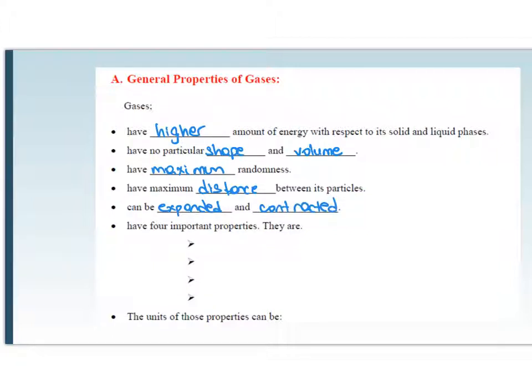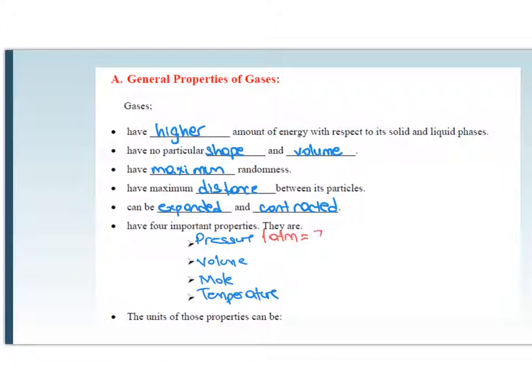And now come the most important properties, 4 of them, which are pressure, volume, mole, and temperature. Now what about their units? For pressure, we usually use atm.